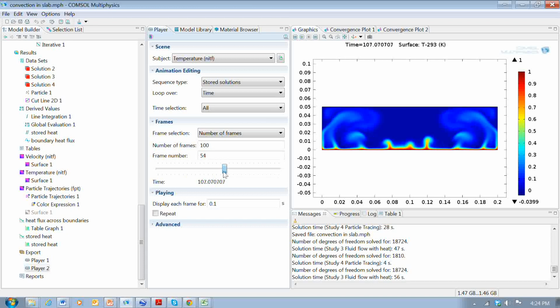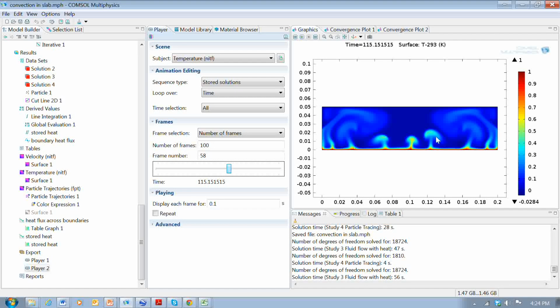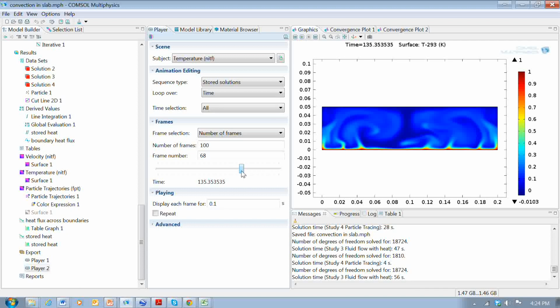So that's the pattern that develops here, and that keeps happening. These convection cells get kind of smeared over and pushed up against the wall. You'll see this one and this one will get pushed over there, and so new ones are forming, and they're getting then compressed over against the wall.